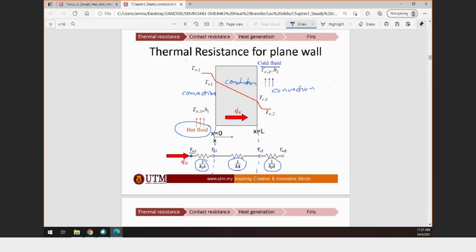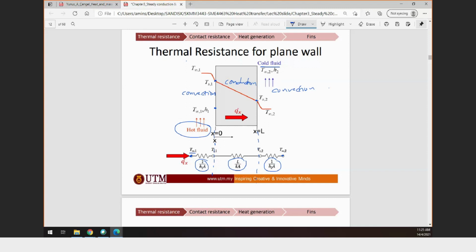This is T surface, here T surface at hot region, that faces the left side of the wall. And this is the temperature of the right surface that faces the cold area, TS2. And this one is the fluid temperature for the cold region or cold area.